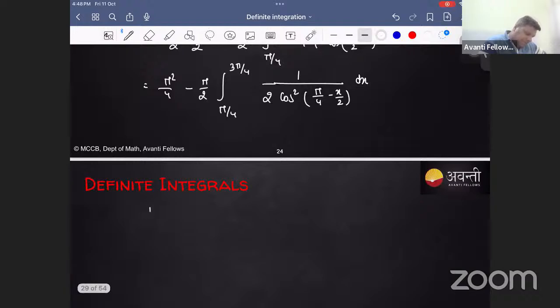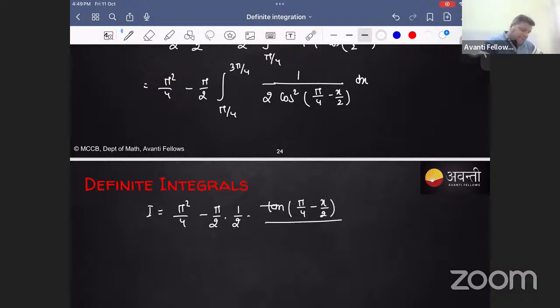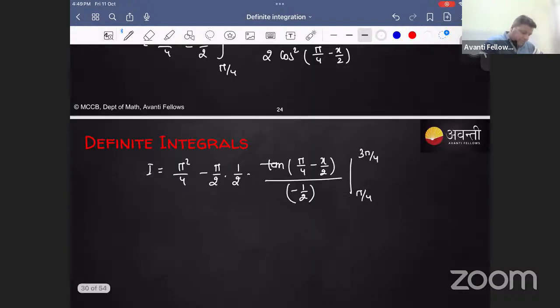So this is pi square by 4 minus pi by 2. 1 by 2 came outside. Upside it goes secant square pi by 4 minus x by 2. Integration will be tan pi by 4 minus x by 2, and its integration has a minus of 1 by 2. Limit pi by 4 to 3 pi by 4. So pi square by 4 minus pi by 4.